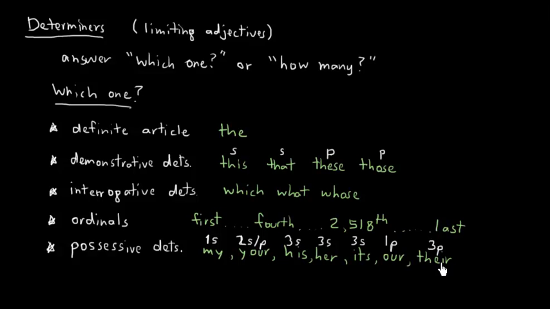Okay? And these are different than the demonstrative determiners, because in this case, whether you use a singular or plural depends on the noun that follows. And in this case, whether they're singular, plural, or first or second person depends on the number and person, and in the case of third person, the gender of who's doing the owning. Okay? So as long as I'm the owner, it's my dog or my dogs.